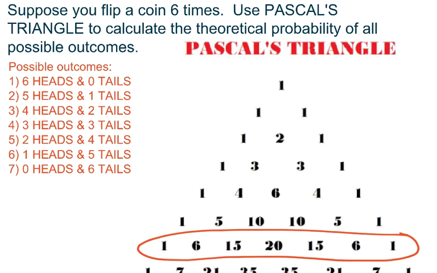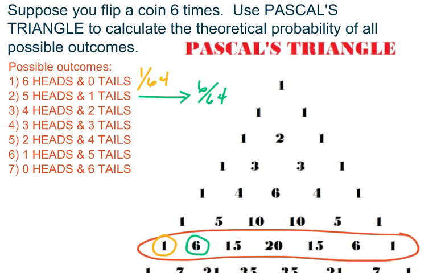If we take each entry, starting with the best possible outcome, if we're trying to get heads as many times as possible, that's 1 out of 64. 5 heads and 1 tails, that's the next entry. That's 6 out of 64, and that will reduce to 3 out of 32, which will not reduce further.